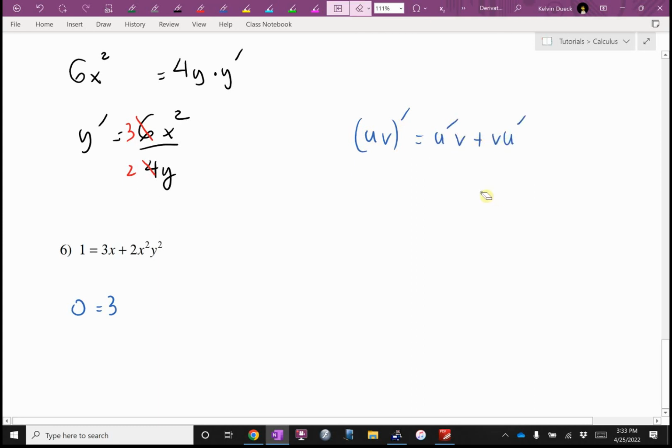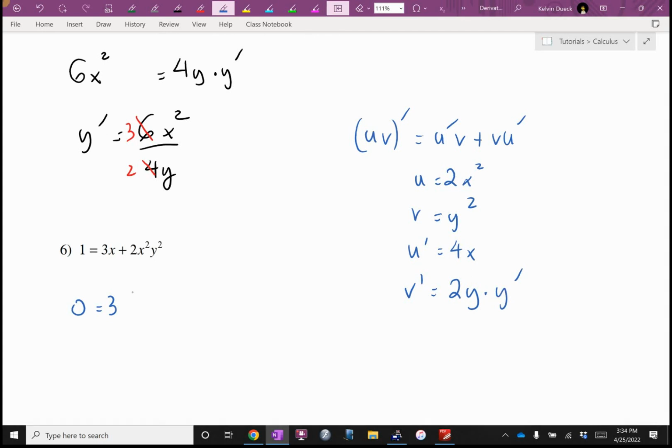And again, don't be scared to make notes in the margin. Even in my prime, when I was good at calculus, I still did this. And then I would say to myself, okay, u is 2x squared, v is y squared. U prime is 4x to the 1, technically times x prime, but the derivative of x prime is just 1. V prime is going to be 2y times whatever that derivative was.